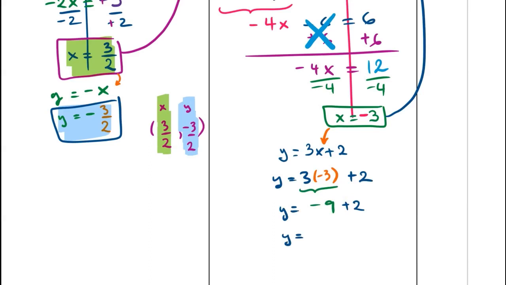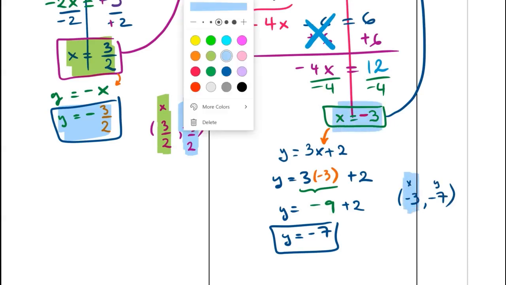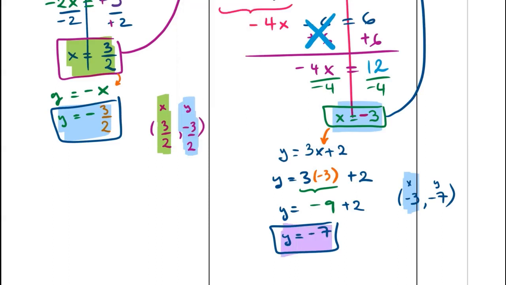Negative 9 plus 2 is negative 7. Alright, so our answer in x, y ordered pair, where your x value is negative 3 and your y value is negative 7.